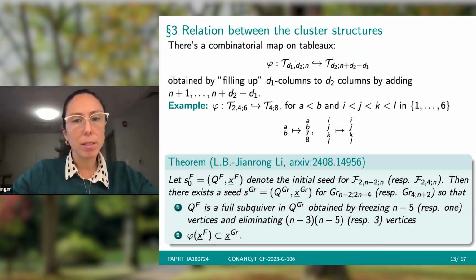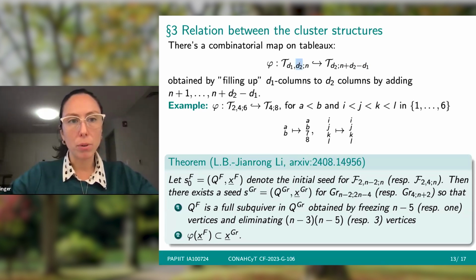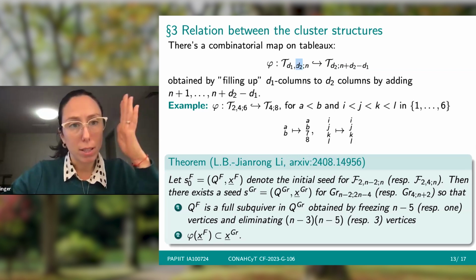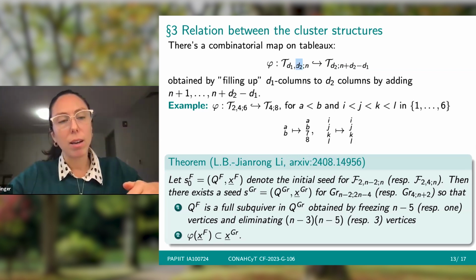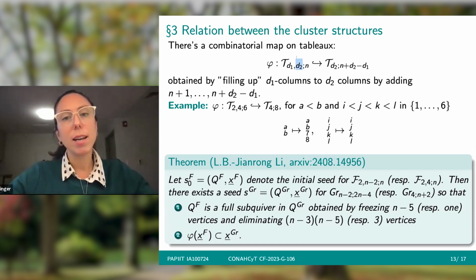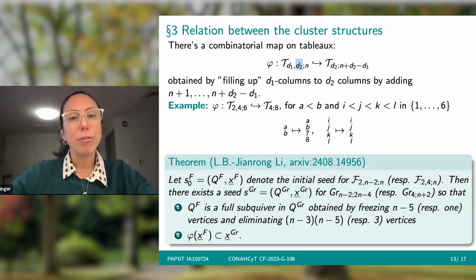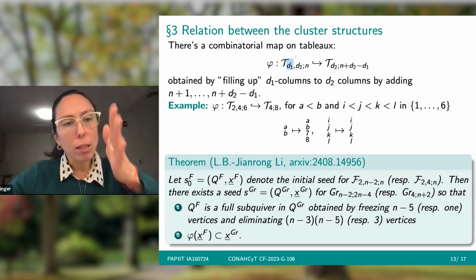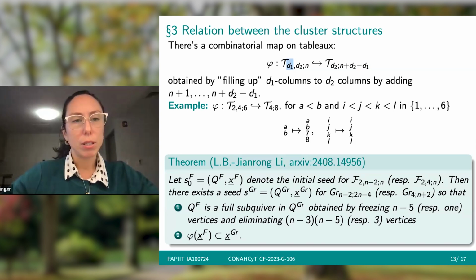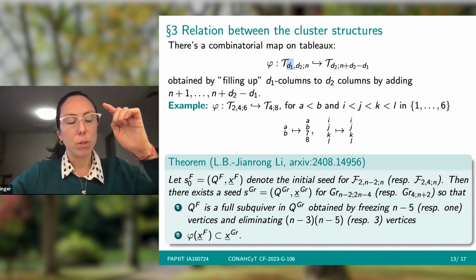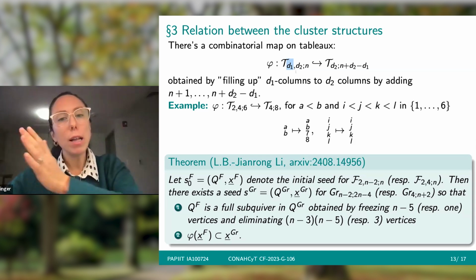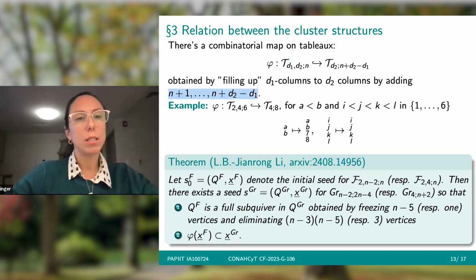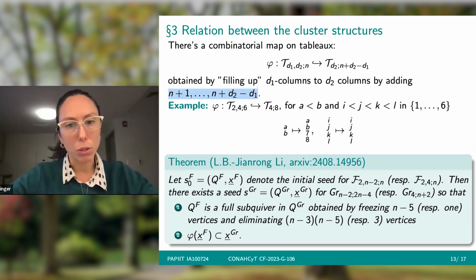So the way to think about this is if you have a column in your tableau that just has size D2, so D2 many boxes or D2 many entries, then you just keep it. And if you have a column of size just D1, then you fill up with the indices you need to make it a column of size D2.